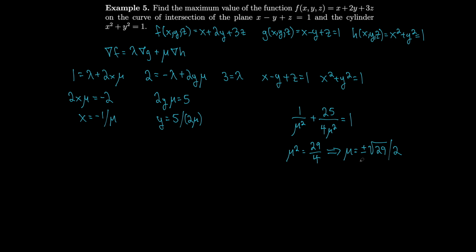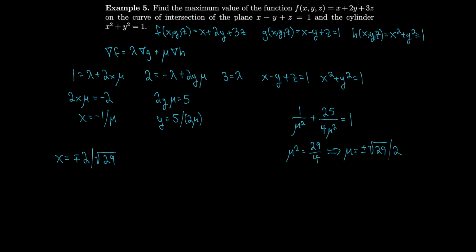Okay, so I can take that and plug that back in to see what x and y are. I have to be a little bit careful though, because notice that for x, it's a minus. This is plus or minus. So whatever sign I choose for this guy, x must have the opposite sign, so I have to be careful of that. So if I make this plus, this has to be minus, and if I make this minus, this has to be plus. So in order to try to keep track of the difference in sign, I'll write that x is minus plus 2 over the square root of 29 to indicate that it's just whatever the opposite sign of this guy is.